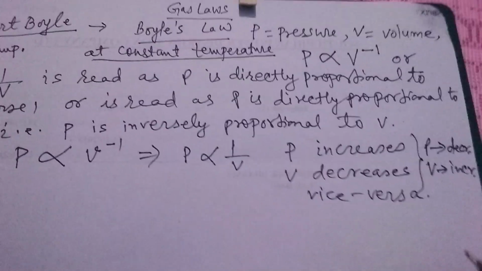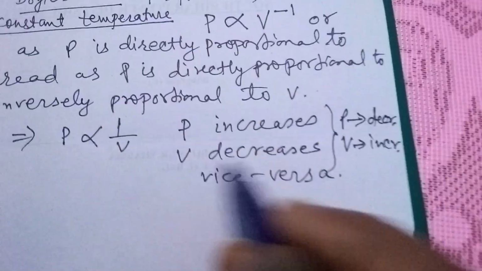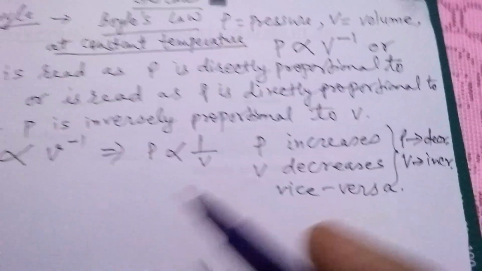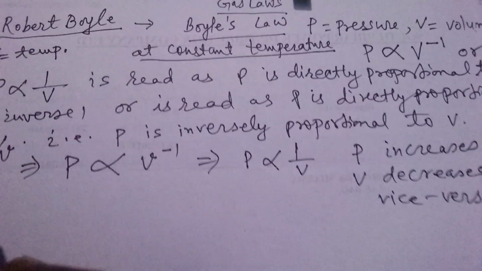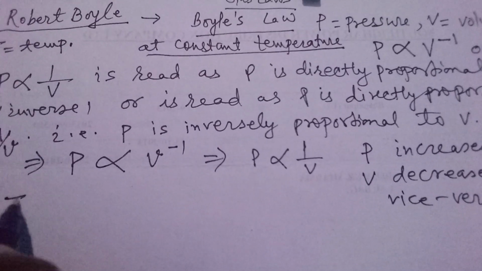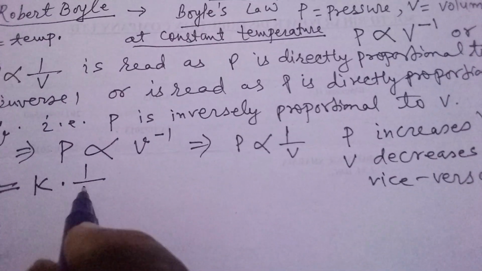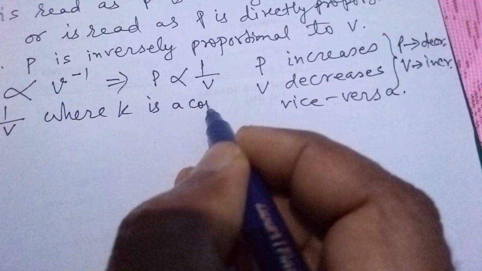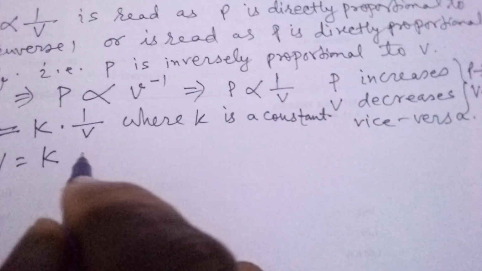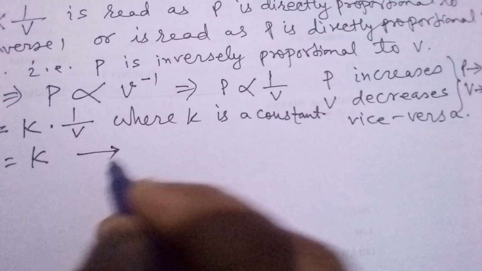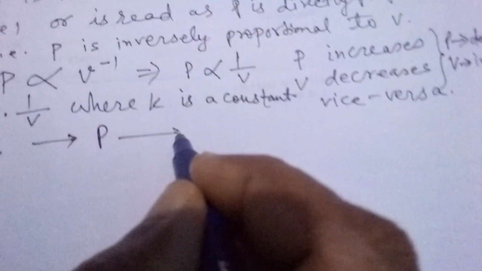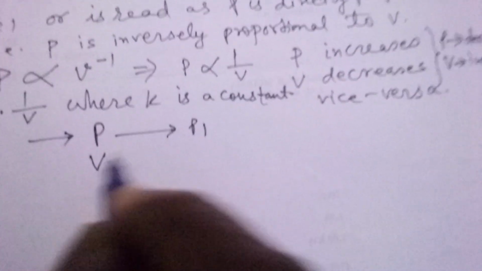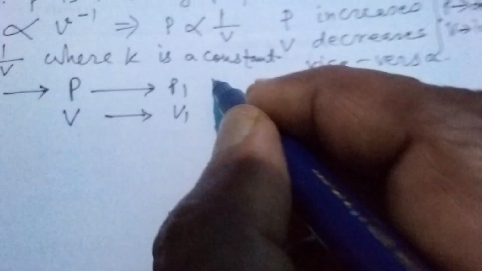Okay. Now you see, P is increasing, then V decreases. It is only because here P equals K into 1 by V, where K is a constant. And that's why PV equals K. Yes. And now in this case, when P becomes P1, then V becomes V1. This is the change.